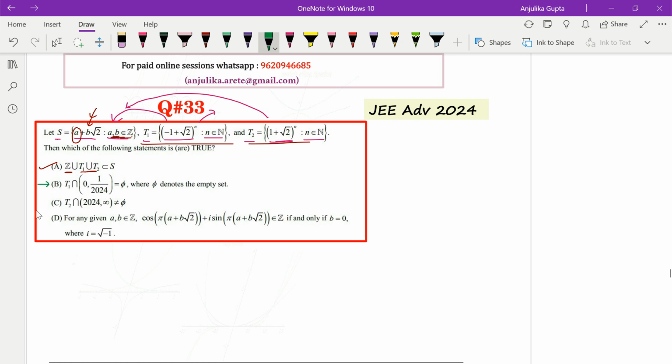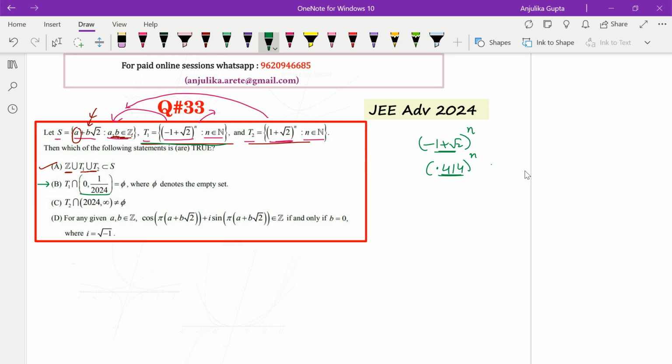Okay, let's look at B. T1 intersection this interval is phi. Now let's focus just on T1. What is T1? (-1 + root 2)^n, n a natural number. What is the value of root 2? 1.414, something like that. When you subtract 1, you get 0.4 something. If you have any small number lesser than 1 and keep raising the power, the number becomes smaller and smaller.